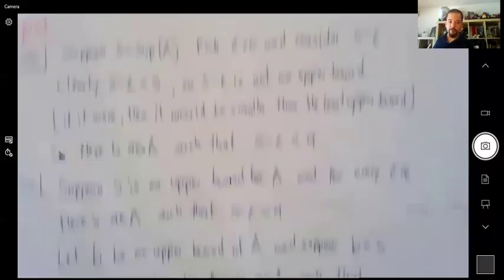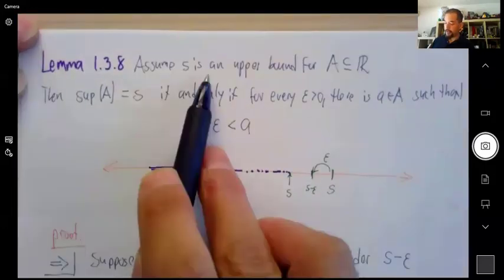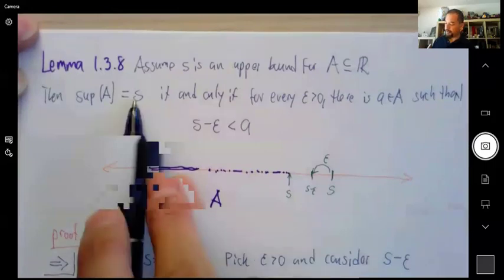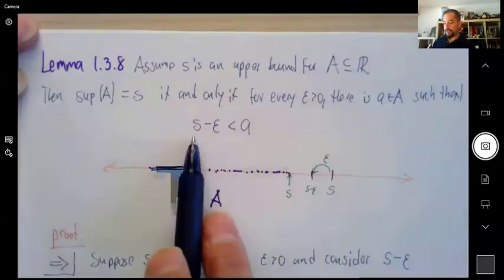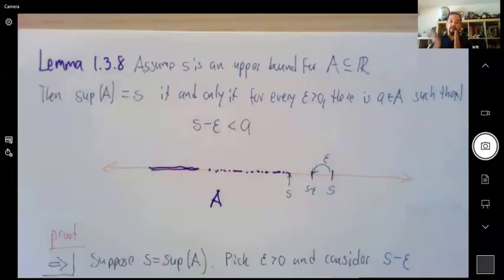If you want it for infimum, then over here, S is a lower bound, of course, and then it will be the infimum if there is an epsilon, and then over here, instead of being S minus epsilon, you add a little bit of something, and then you catch an element of A. So it's going to be S plus epsilon is greater than a. So you can figure it out on your own. It's actually not that hard.